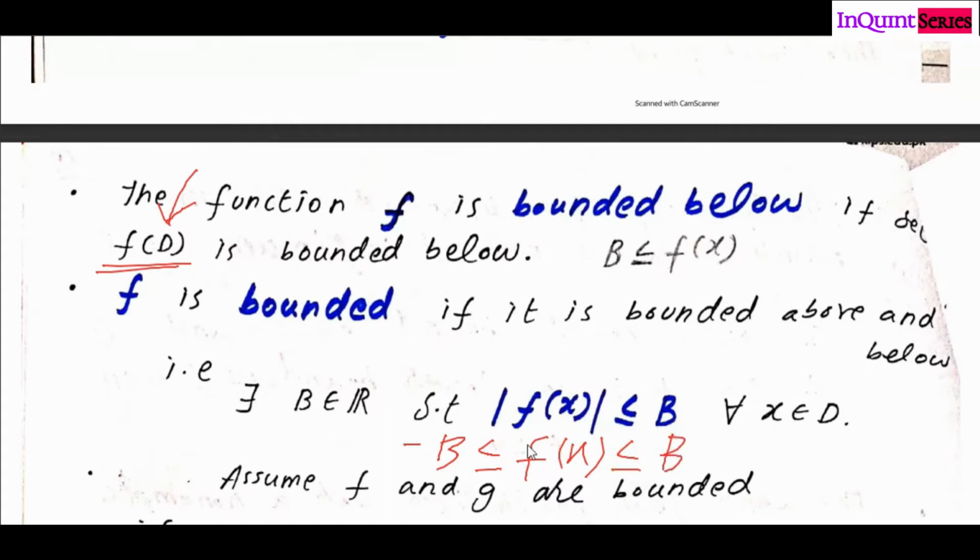Here we can see our f of x is greater than or equal to a lower bound, that is minus b, and f of x is less than or equal to an upper bound b, where b belongs to the set of real numbers. If this inequality holds, then we can say our f of x is bounded.